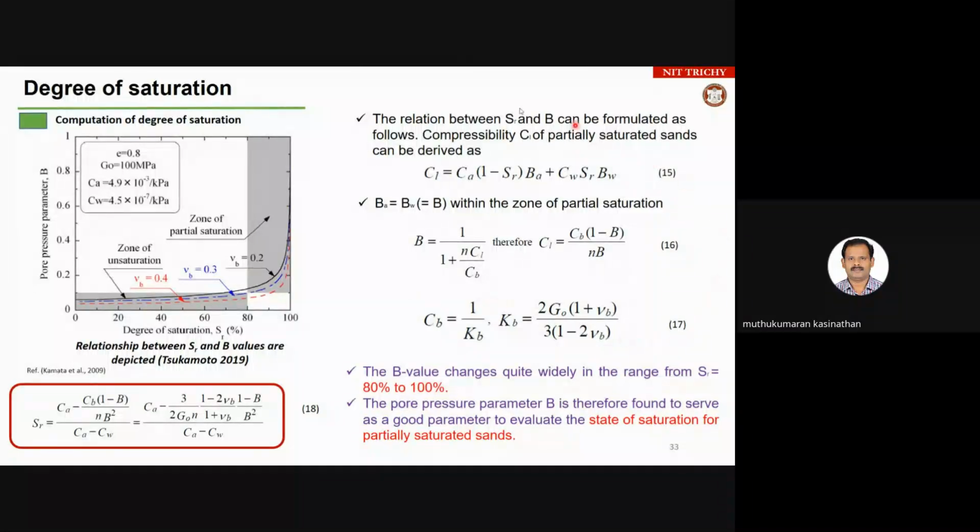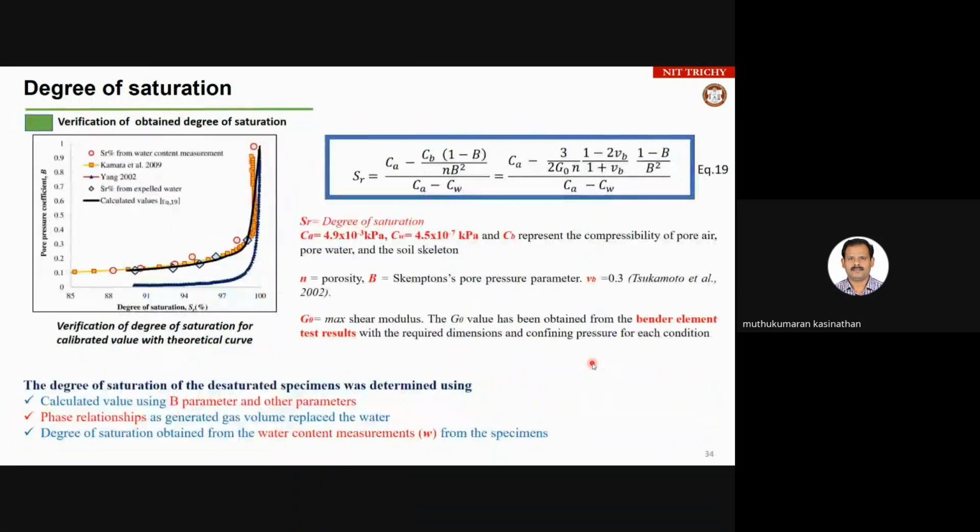So this is the symbol with respect to the bulk modulus. The variation has been developed, and we brought in the elastic constants, both G and mu, the shear modulus and Poisson's ratio of the soil, with respect to the compressibility characteristics. From that, we can theoretically obtain the degree of saturation.